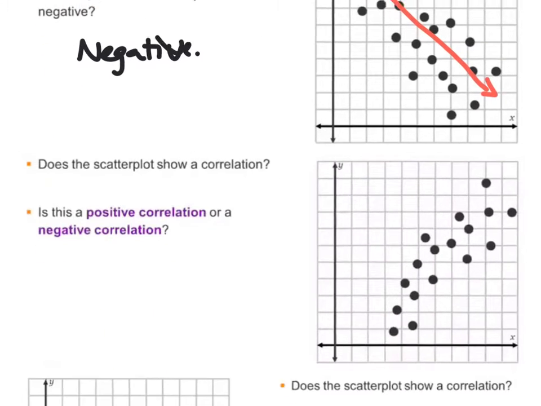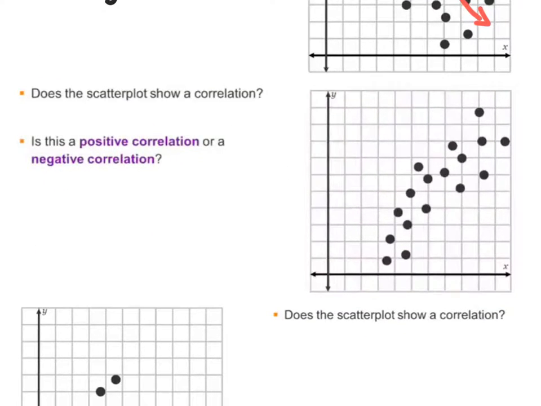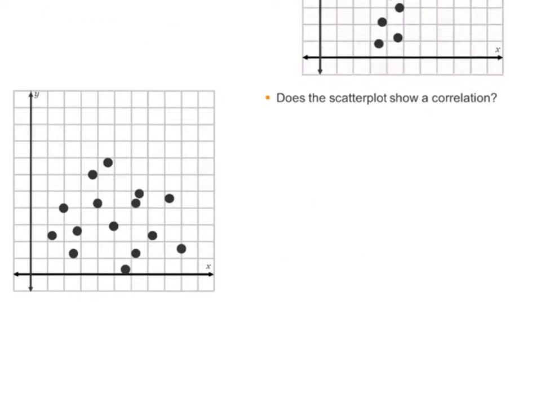Okay. Let's talk about this one over here. Does this scatter plot show a correlation? Yes, it does, because as x increases, the y values increase, and we're going in this direction. So yes, and this one is positive. On the next one, does this scatter plot show a correlation? This one does not.